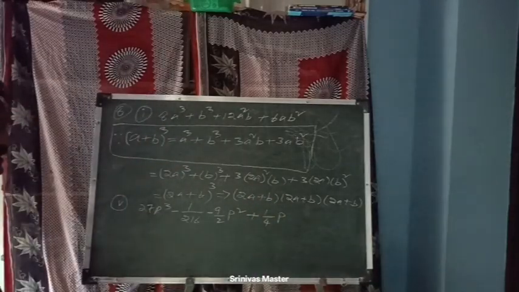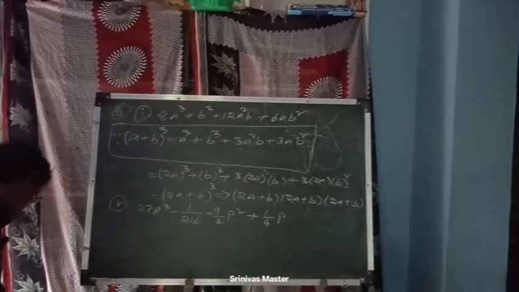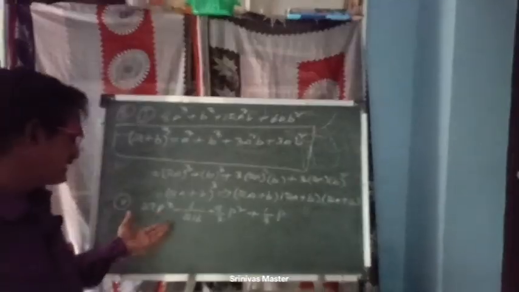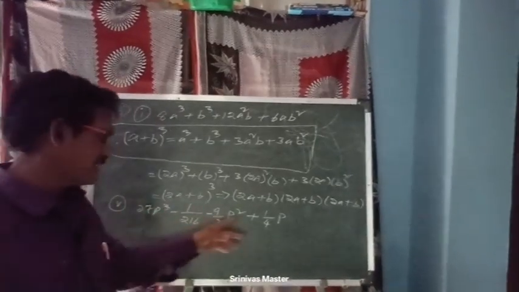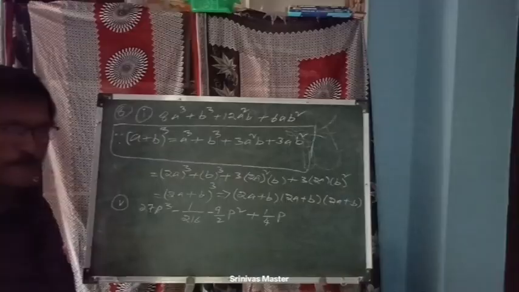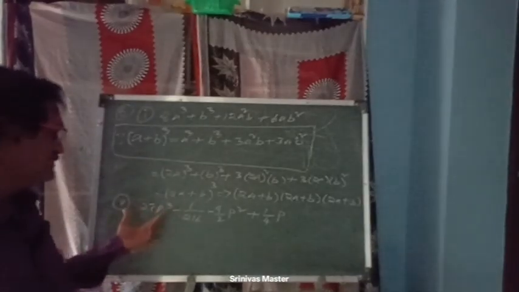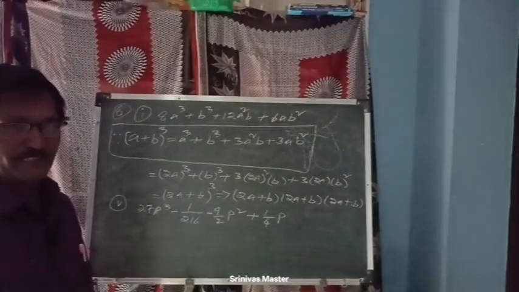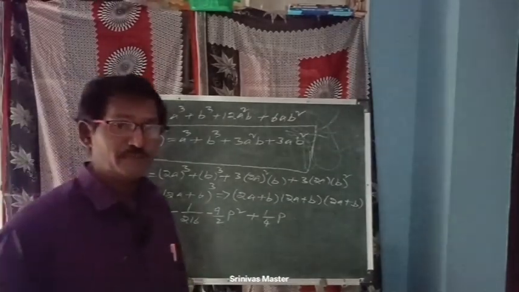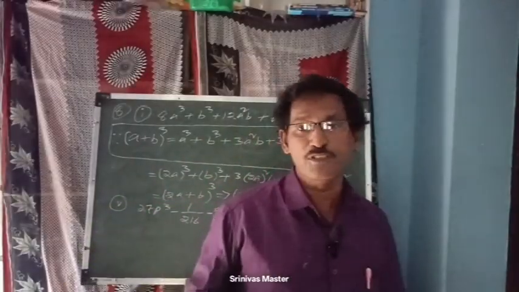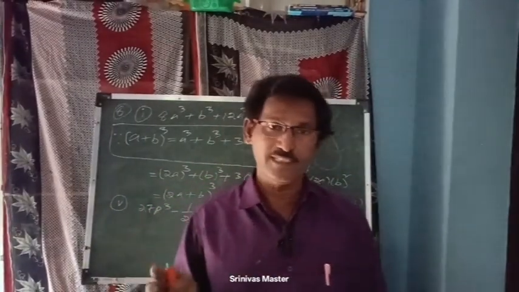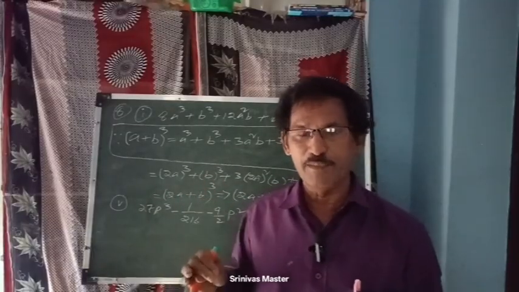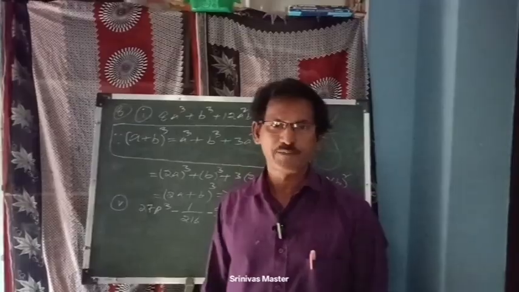Then how to do? We need perfect cubes when we are taking the values. Before applying, see what terms are given. Some terms are negative, some terms are positive, right? And these two terms are perfect cube terms. Definitely you can say that it belongs to a minus b whole cube. What is the formula for a minus b whole cube? In this standard form, a cube minus b cube minus 3a square b plus 3ab square, right?